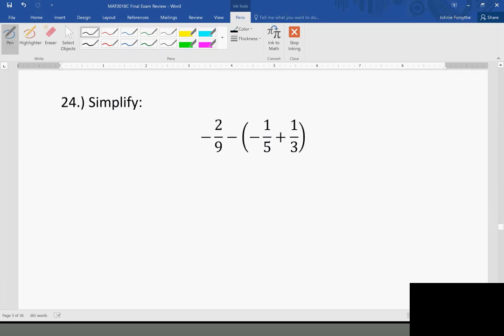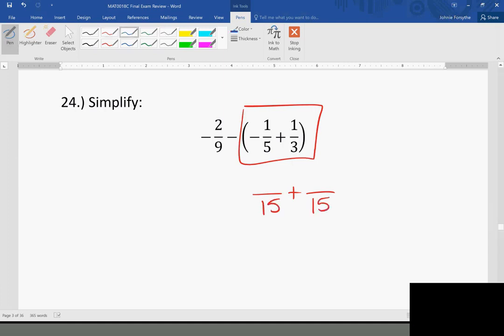Okay, 24. Negative 2 over 9 minus negative 1/5 plus 1/3. So we're going to work within the parentheses first. And so to add these fractions, we have to get a common denominator. So I'm going to have, let's use 15 because 5 times 3 is 15.